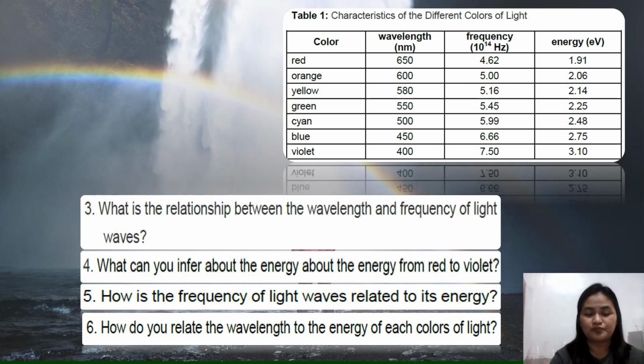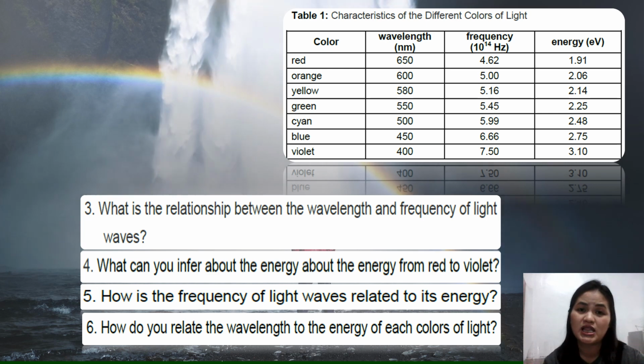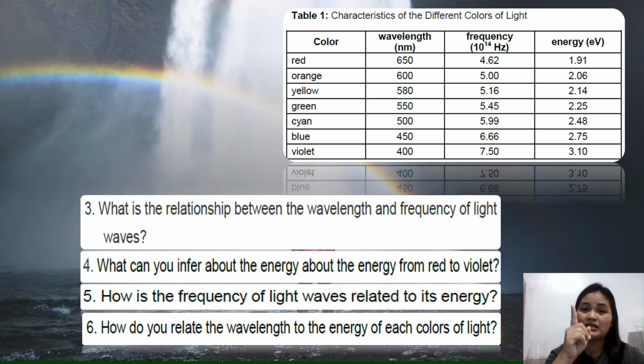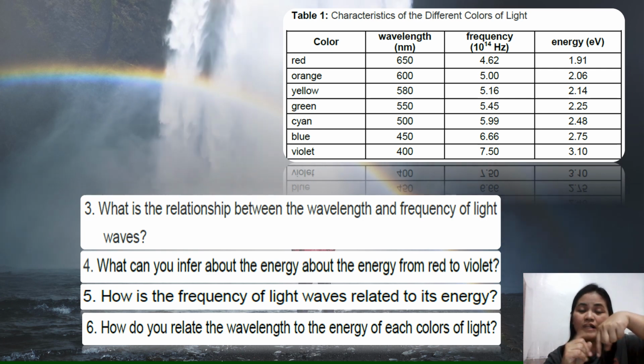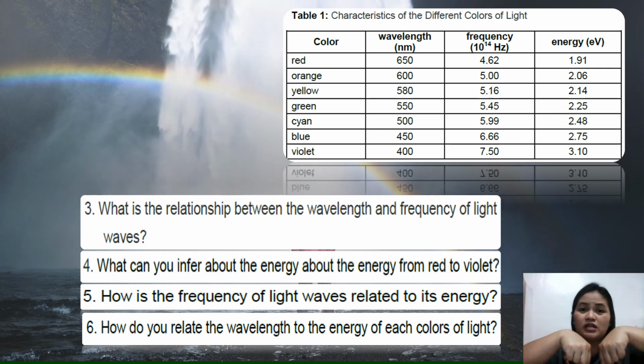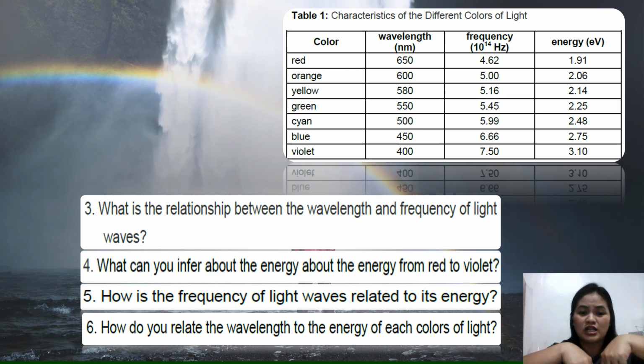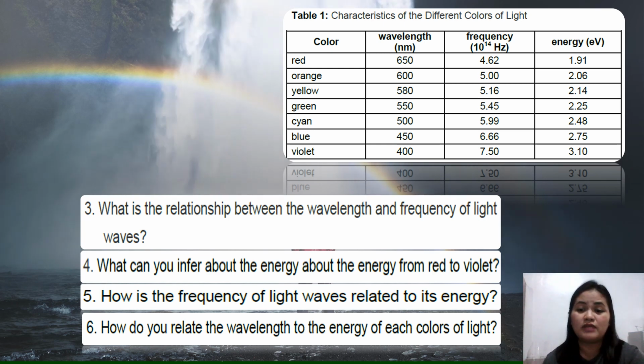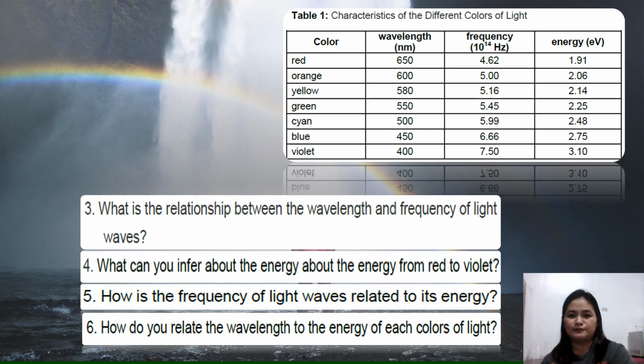Pili kayo doon. Ano ulit yung inversely proportional? Inversely, opposites. Tataas, yung isa bababa. Kapag directly proportional naman, kampe. Kapag tumaas yung isa, tataas din siya. Pag bumaba, bababa din siya. Directly proportional. How is wavelength related to energy?